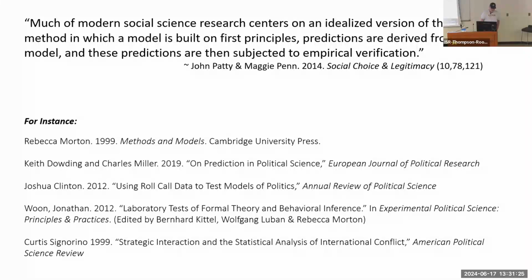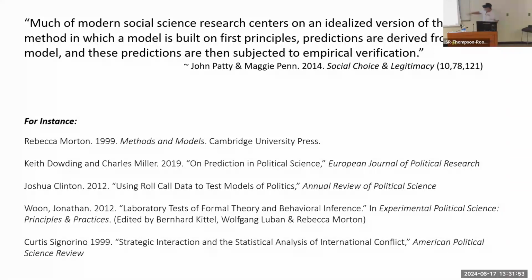Solve for an equilibrium, treat it as a hypothesis, and look for evidence for or against that hypothesis. They like this idea so much that they say the exact same thing 3 times in the same book. So it's got to be really important, but they're not alone. Becky Morton and Keith Dowding define formal models in terms of making empirical predictions. So it's definitional. That's what a formal model does.